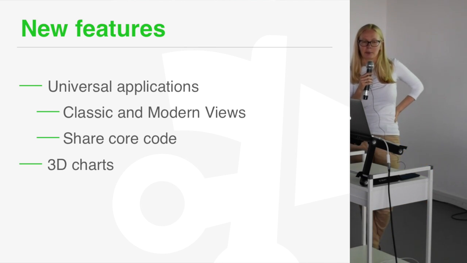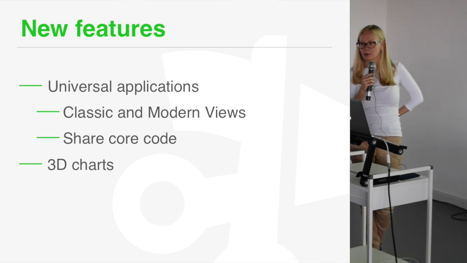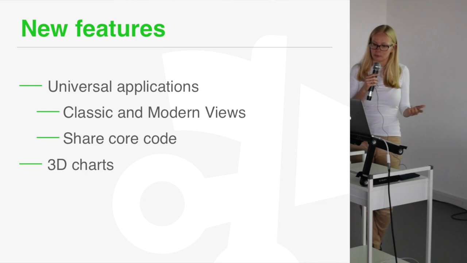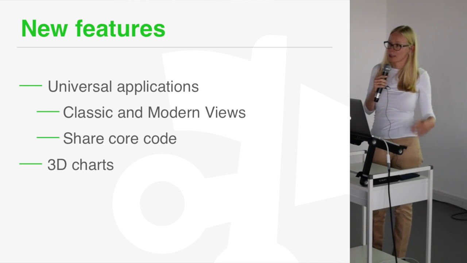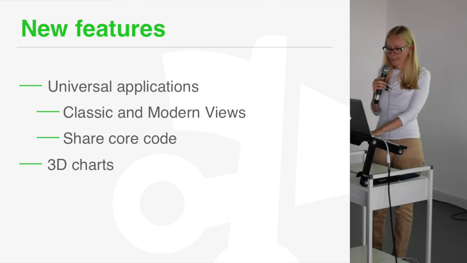Universal applications became possible because the new version of the framework contains 2 separate view toolkits: classic, which contains the view layer from ExtJS 5, and modern, which contains the view layer of Sencha Touch.